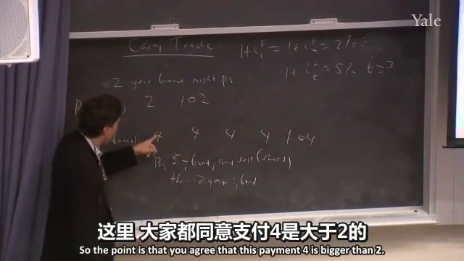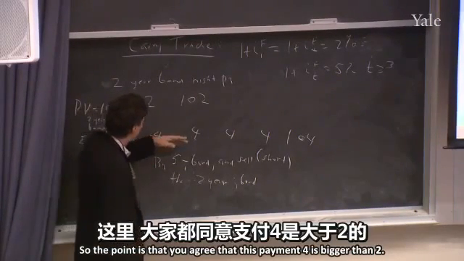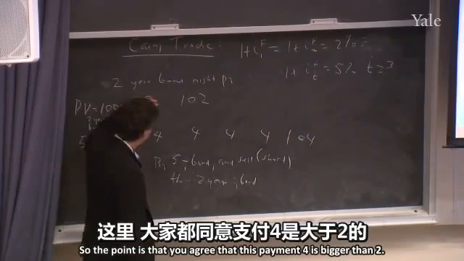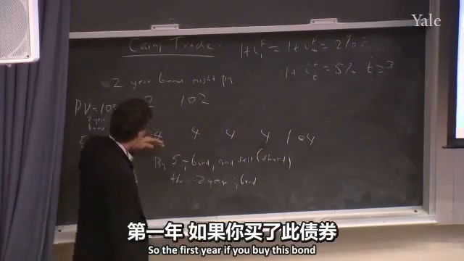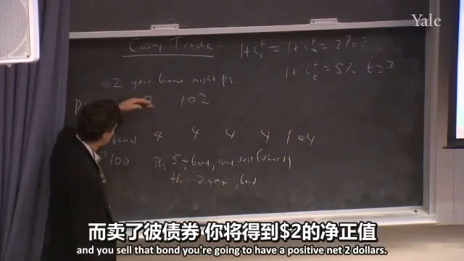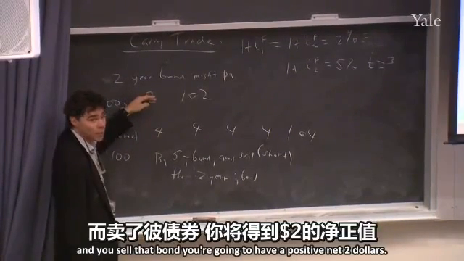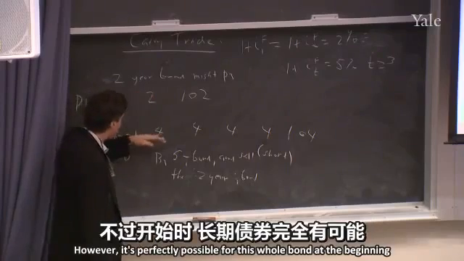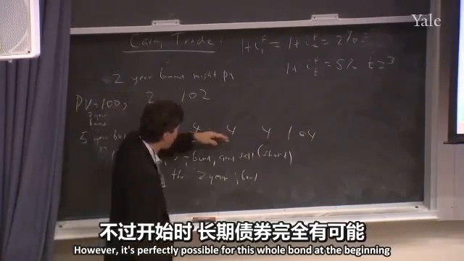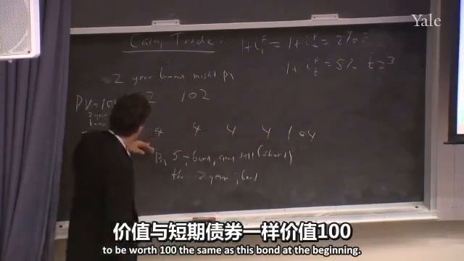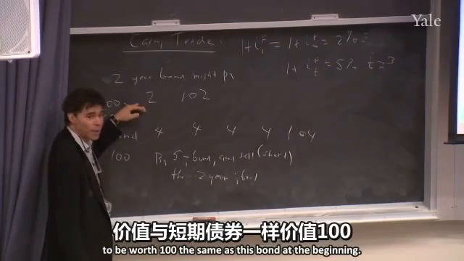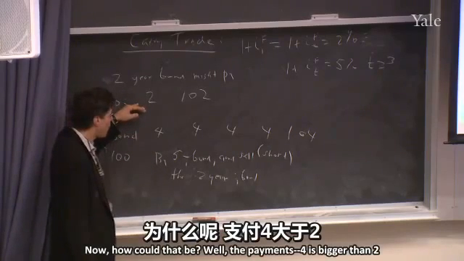So the point is that you agree that this payment 4 is bigger than 2. The first year, if you buy this bond and you sell that bond, you're going to have a positive net $2. However, it's perfectly possible for this whole bond at the beginning to be worth 100, the same as this bond at the beginning. Now, how could that be?